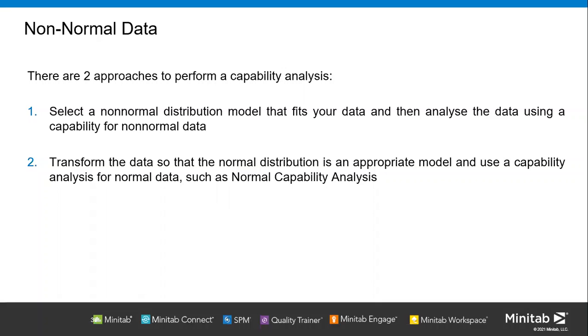Maybe after you use the non-normal, something like the Weibull distribution, your customer is not aware of the Weibull distribution, so you need to explain what it is. It just looks at different parameters. For normal distribution, basically we look at the mean and the standard deviation.